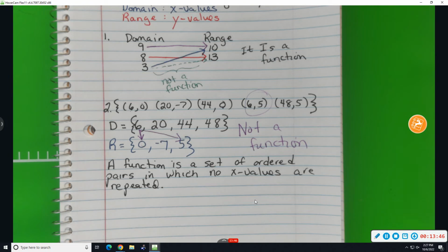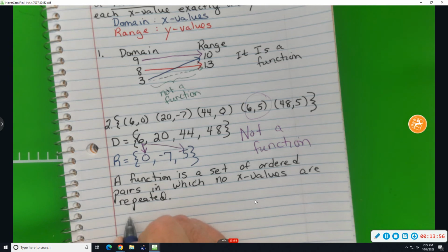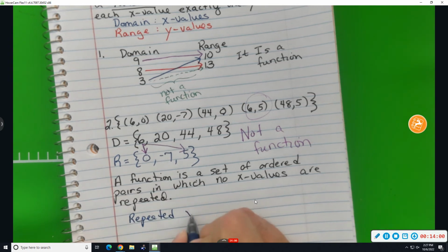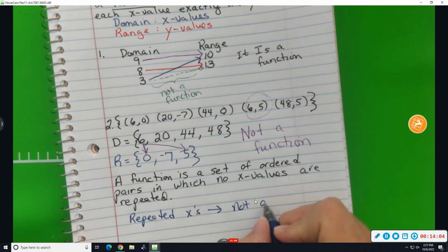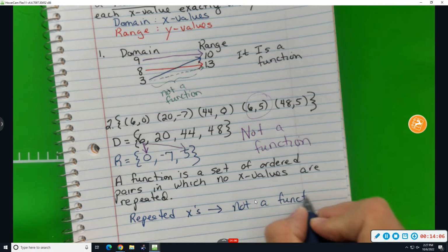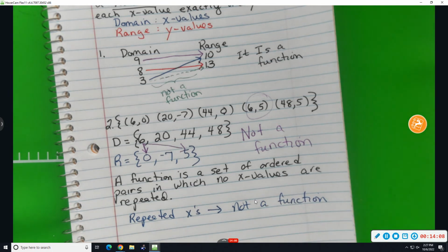Any questions on that definition? If you have a set of ordered pairs and there's repeated x's, it's not a function. What if the y's are repeated?